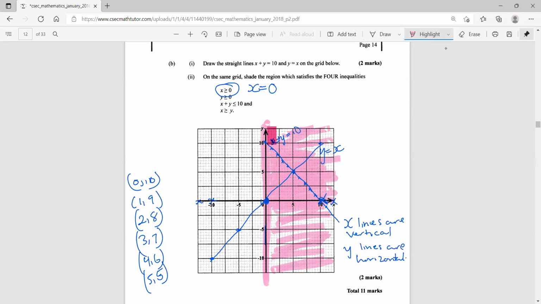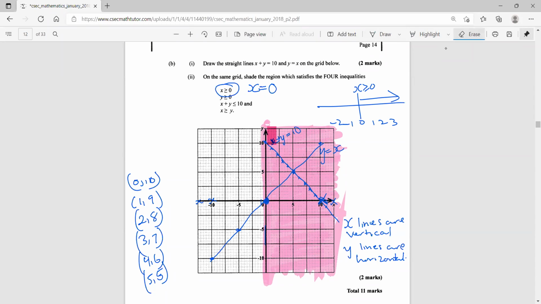So the entire right side of the graph represents x is greater than 0, every single part, because on the right of 0 are the numbers greater than 0. The same way, if we had a number line, and we have 0, -1, -2, and we have 1, 2, 3, x greater than or equal to 0 will be on this side.